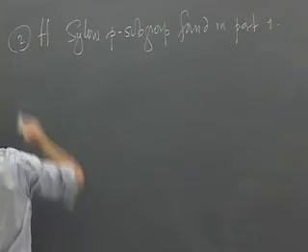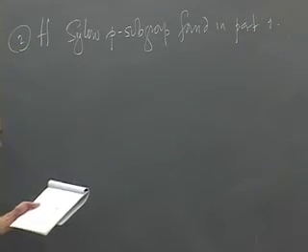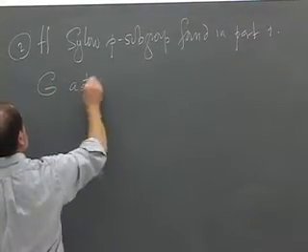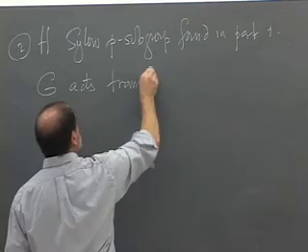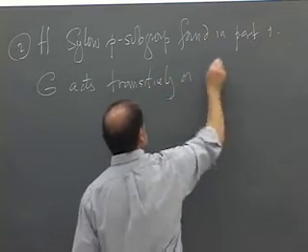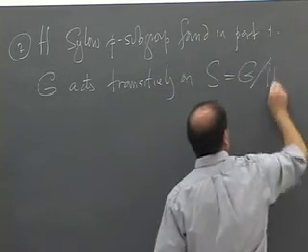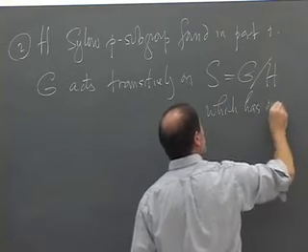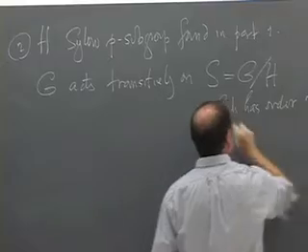This is part 2. And I have the group action: G acts transitively on the coset space of H, which has order n prime to p.